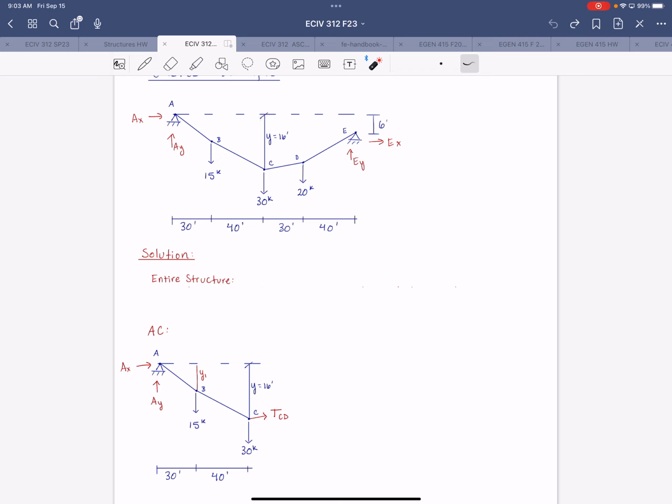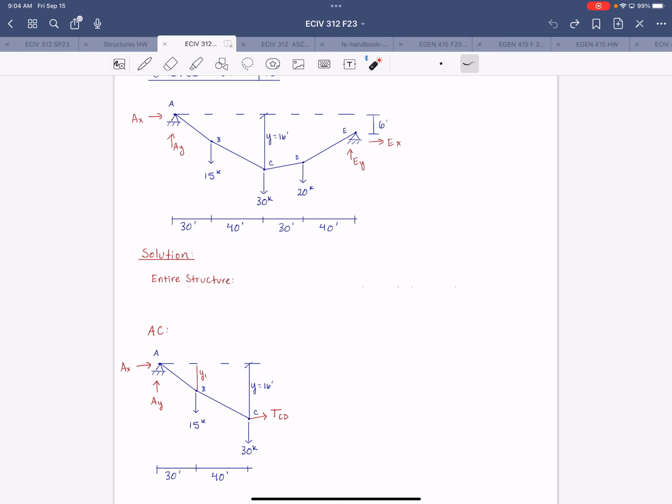So we have to make that cut here. We can't get anywhere if we make a cut at B, really, because we don't know this geometry yet. Same with D. So we have to start with the point where we know the vertical distance. And from there, we can get all the information we need to solve for the reaction forces.